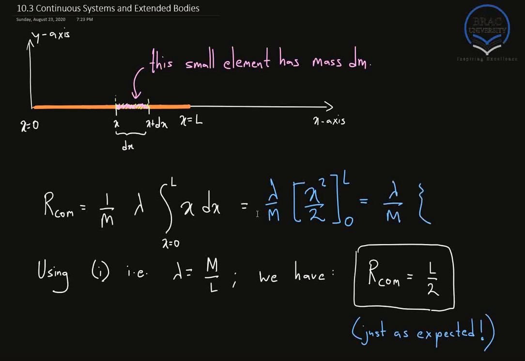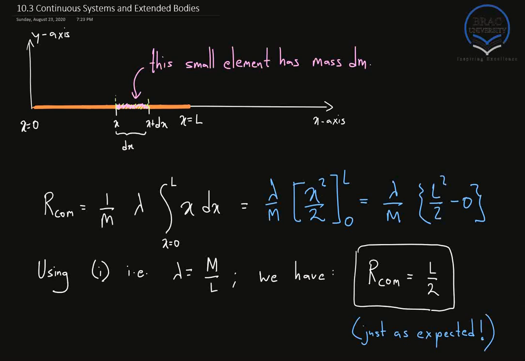First we put in x equal to L, which gives me L squared by 2, and then we put in x equal to 0, so we subtract that, and we get lambda by m times L squared by 2. But then we did have lambda in terms of m and L. In 1 we had lambda equal to m by L, the linear mass density, which if we plug in here, we have RCOM equal to L by 2.